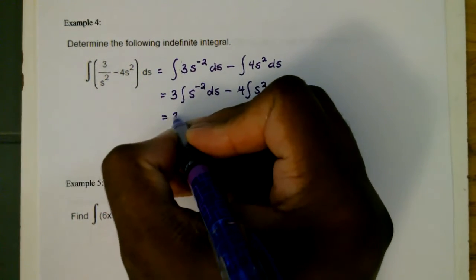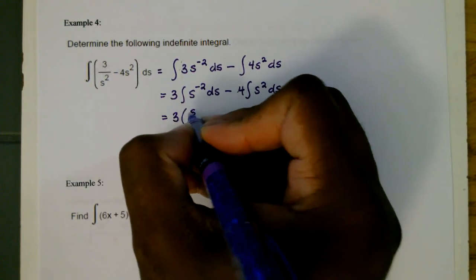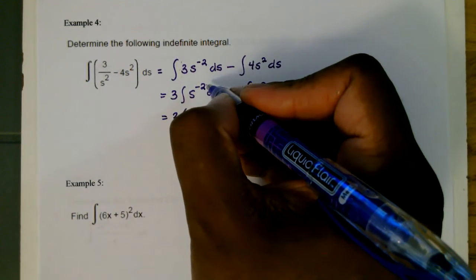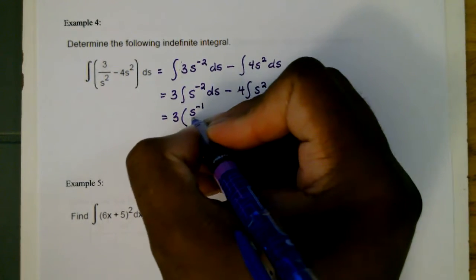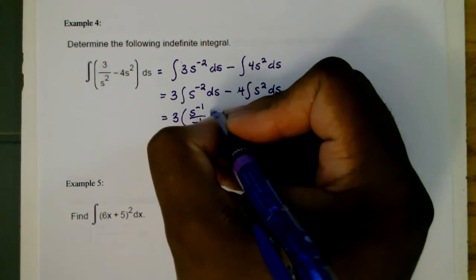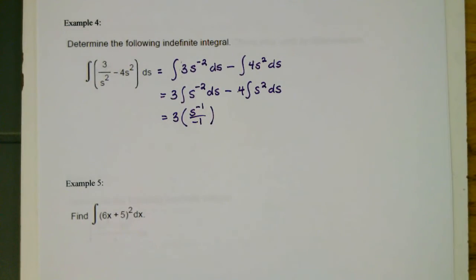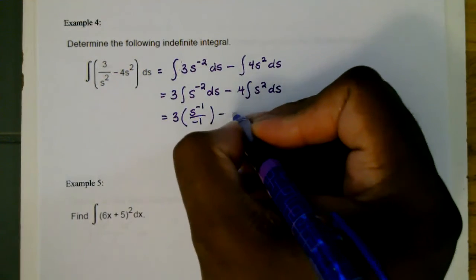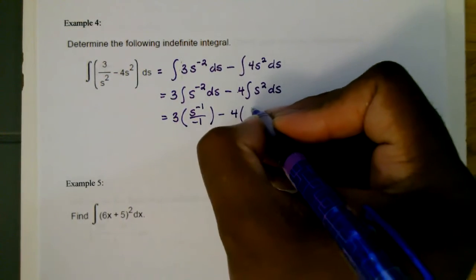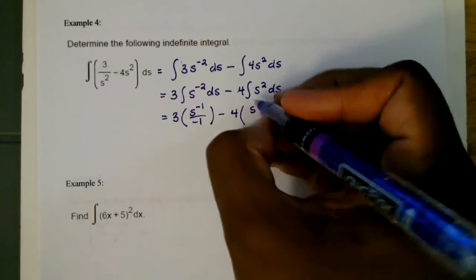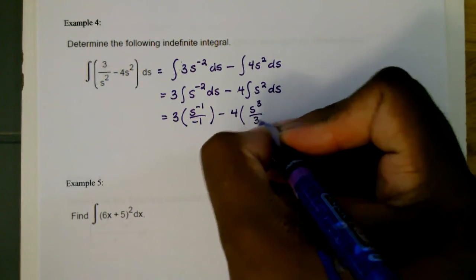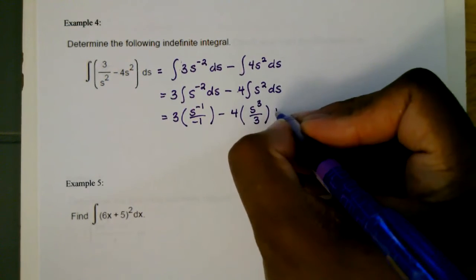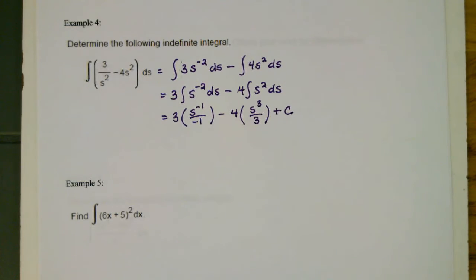So in this case here, this will be 3 s to the negative 2 plus 1. We add 1 to that. It'll be negative 1, divided by that new power, which is negative 1, minus 4. And then for the s, we increase the power by 1. So 2 plus 1 would be 3, divided by the new power, which is 3, plus that constant c.